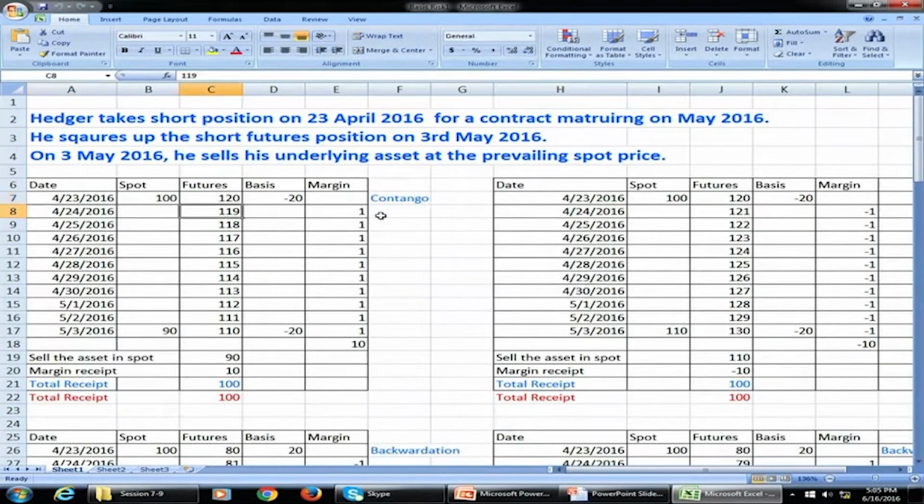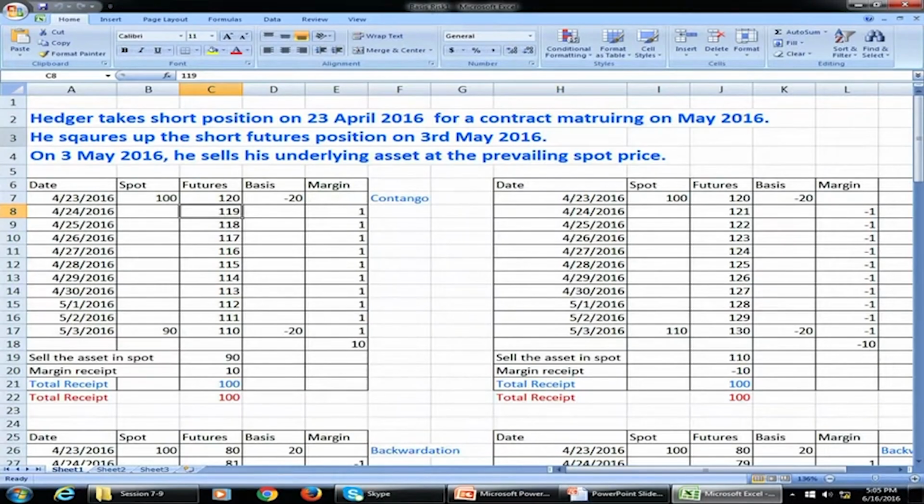Let's say on the next day, 24th April, the futures price goes down by 1 rupee. The trader has taken short futures, so he benefits when the futures price goes down.